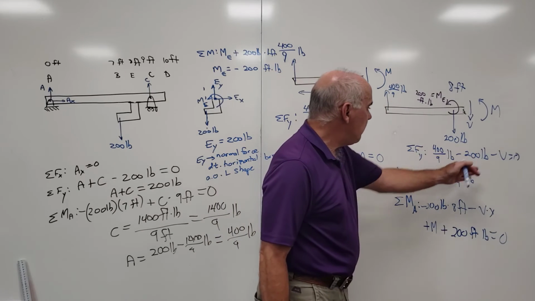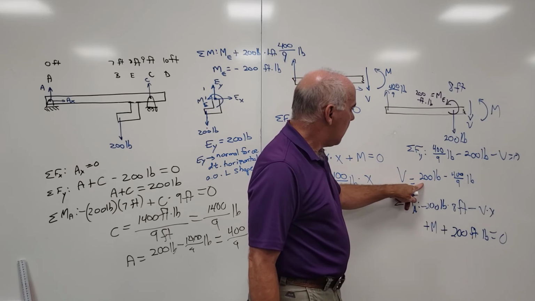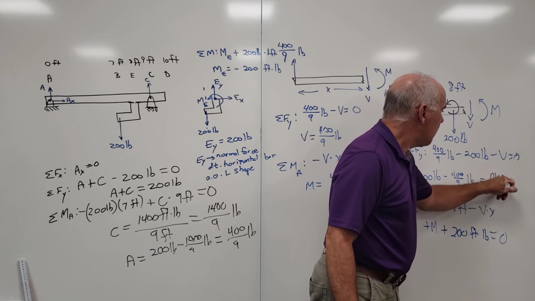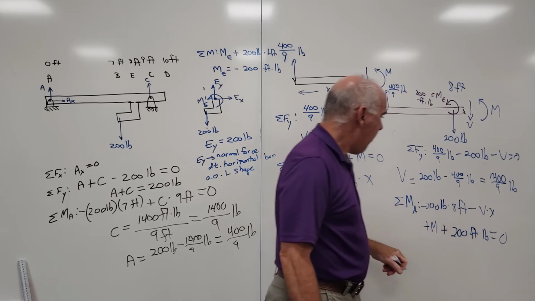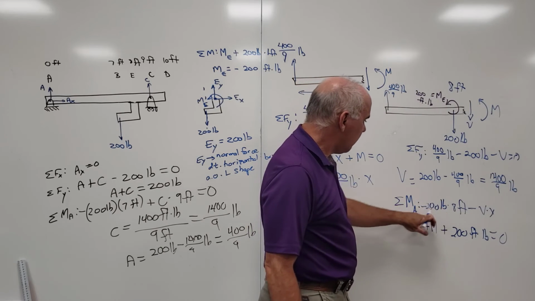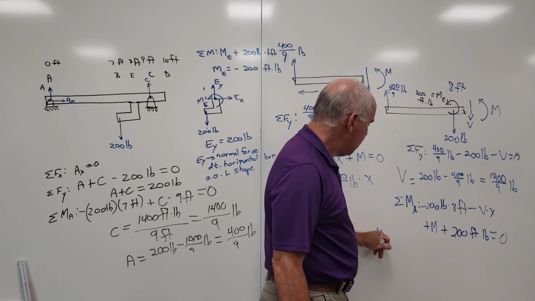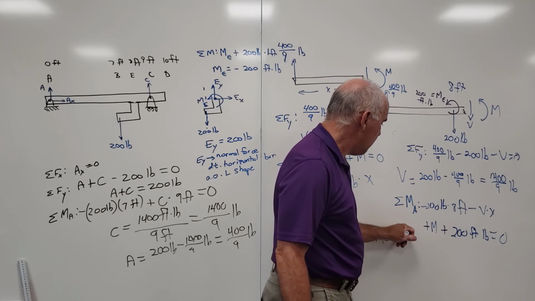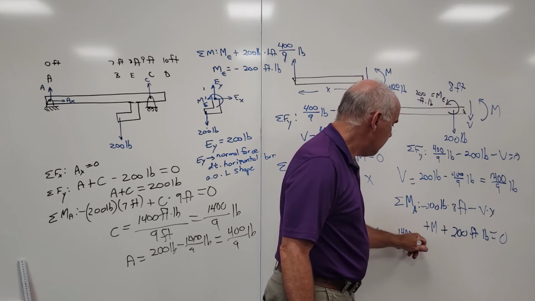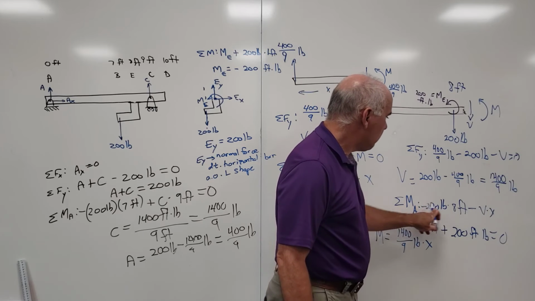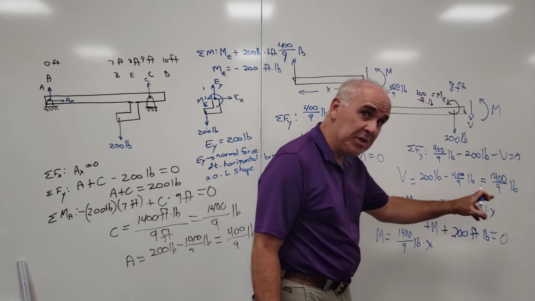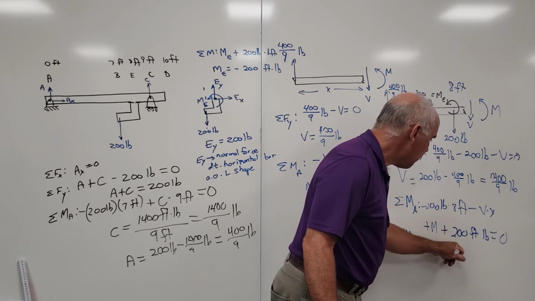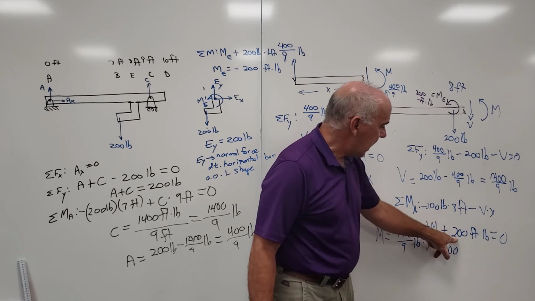And so I know what V is, that's just a number. This would be 1400 over 9 pounds. And then when I solve this now for the moment, I'm going to get Vx, which is 1400 over 9 pounds, times x, plus, because this becomes positive when I bring it to the other side of the equal sign, plus 1600 foot-pounds, and then let me actually add plus 200.